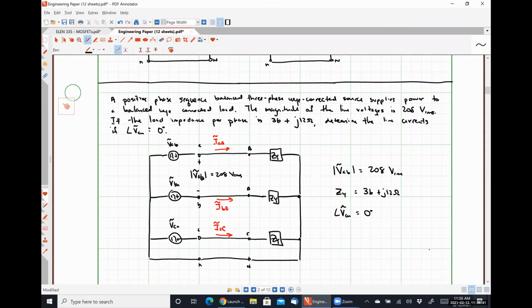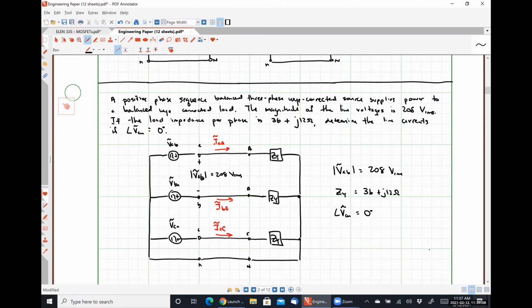Yes, sir. The magnitude of VCA and VB, or VA and VB are the same, right? So the magnitude of VAB is equal to the magnitude of VBC, which is also equal to the magnitude of VCA.